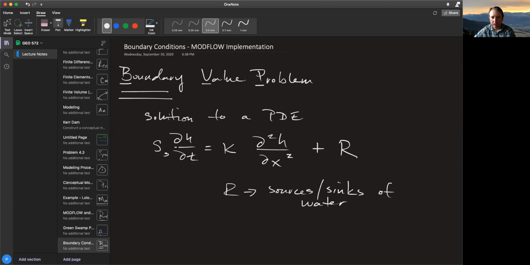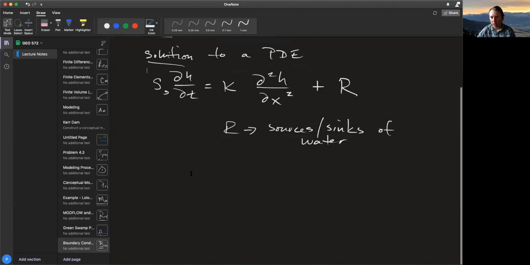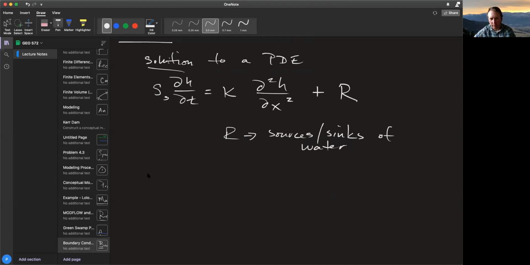Okay, so the boundary conditions are the key to solving this PDE for our situation. And I want you to recall there's three main types of boundary conditions.